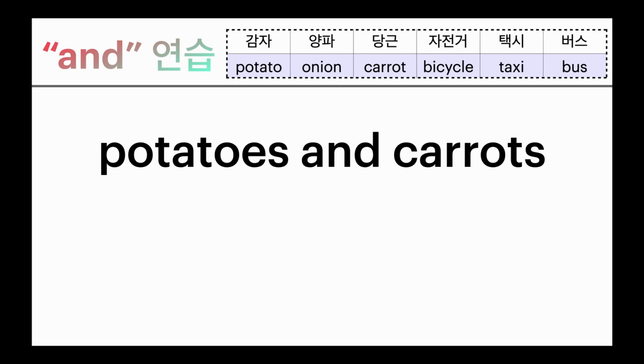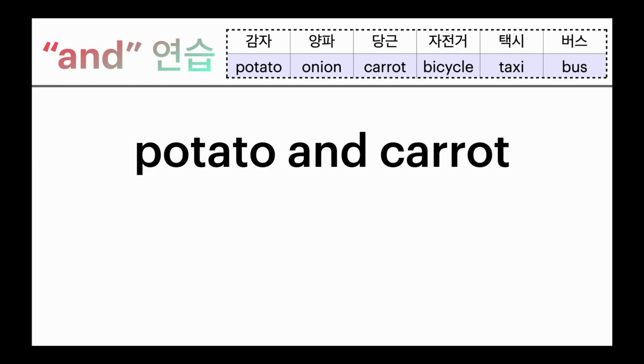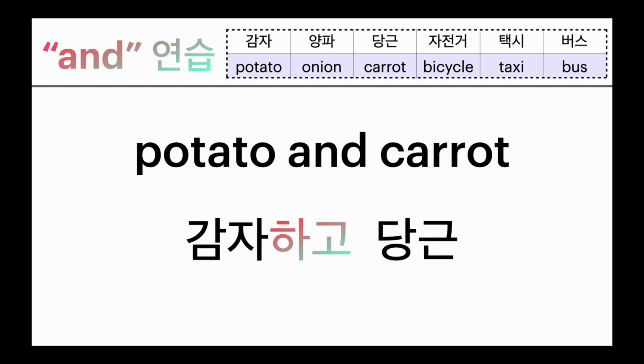Let's start with potatoes and carrots. But right now we are not going to pluralize them, we're just going to practice them singularly as potato and carrot, because as I said, it's not quite as common to pluralize in Korean as it is in English. So what do you think, potato and carrot? 감자하고 당근.